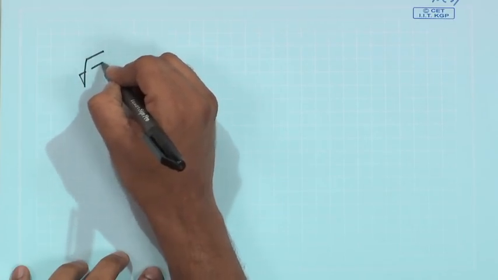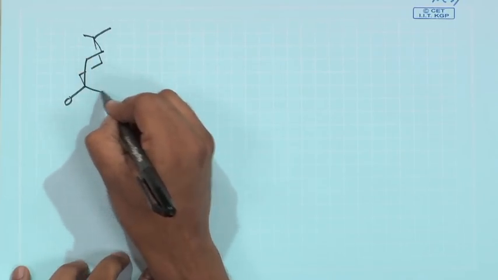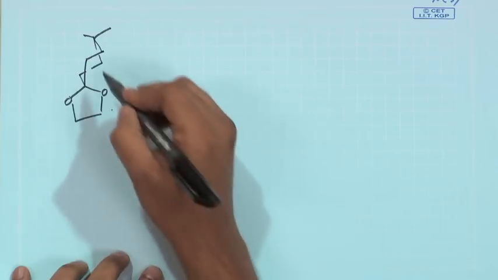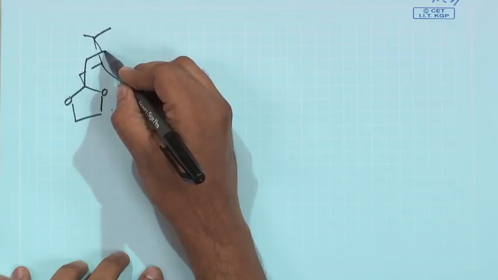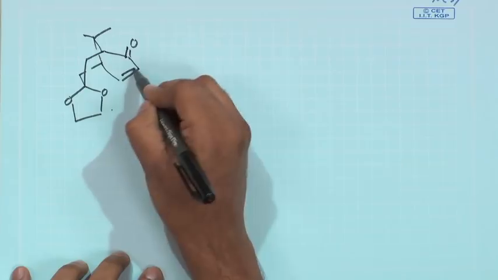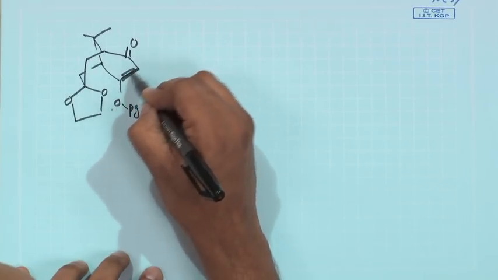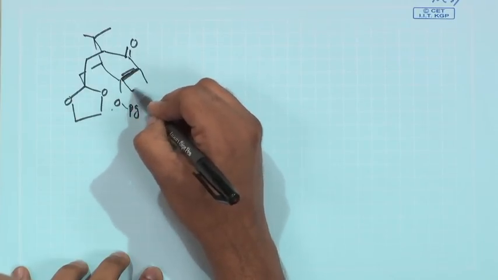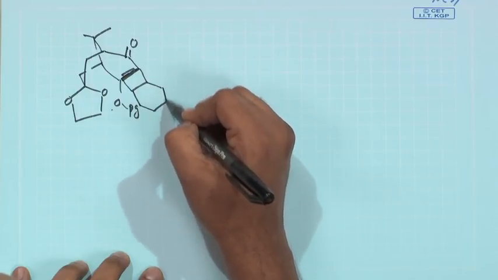So, next we will try to draw the structural part again. So, your bridge structure is there, and then you will be having this C double bond O, and this OPG is definitely there, but now this 2+2 reaction will give you a 4 member ring and this 6 member ring is there.